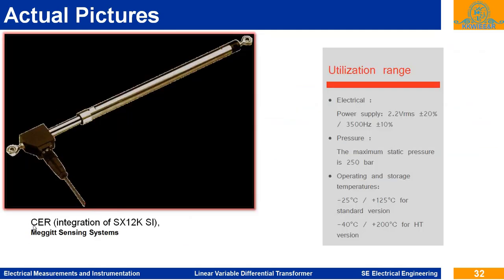So this is another LVDT, the SX12KSI Megit sensing system. Electrical power supply 2.2 volt RMS ±20%, 3500 Hertz, 3.5 kilohertz ±10%, maximum static pressure 250 bar, operating and storage temperature -25 degrees centigrade to +125 degrees centigrade.